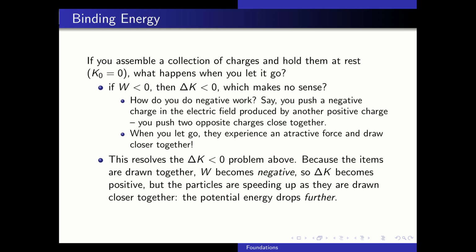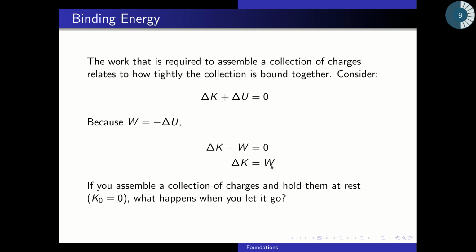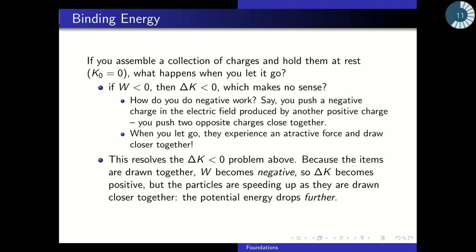All right, so come back and take a look. If the work is negative, that means the change in kinetic energy is negative, which is an odd thing, because if the change in kinetic energy is negative and the kinetic energy started at 0, it means we have to have less than 0 kinetic energy as time goes on, and that doesn't make any sense at all.